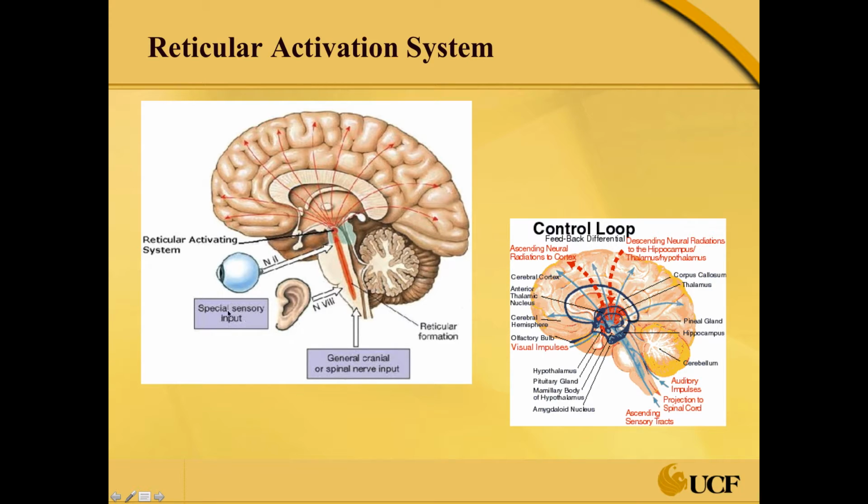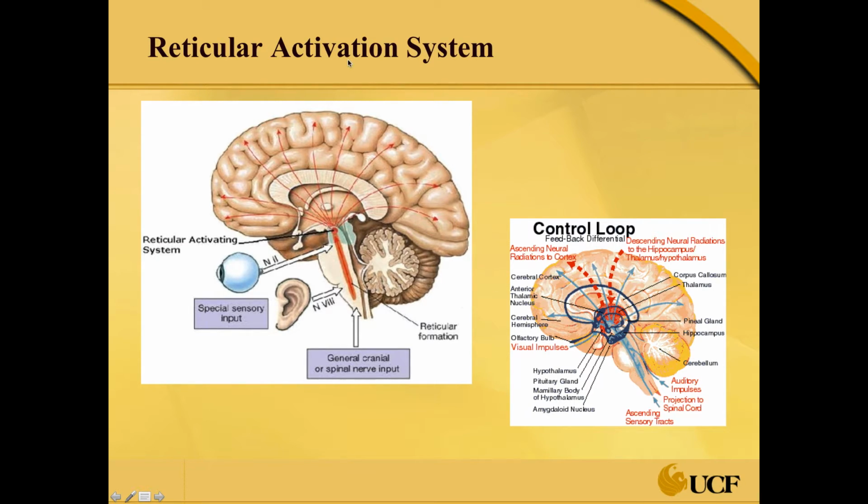So special sensory input along those nerve tracts basically is then fed to the cerebral cortex, which overall activates this system and causes arousal, okay? And then this works on a control loop system, like almost all homeostatic processes do. You can follow these same things here. This is a very easy way of looking at it, and this actually shows you where the specific brain tissue is that these sensory pathways affect.